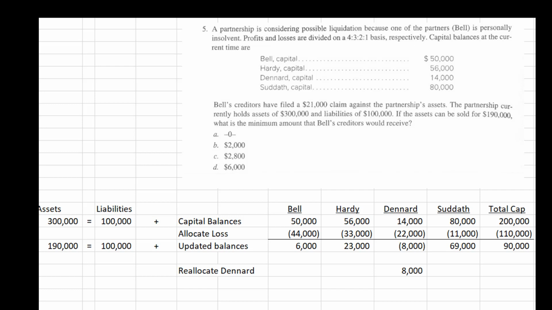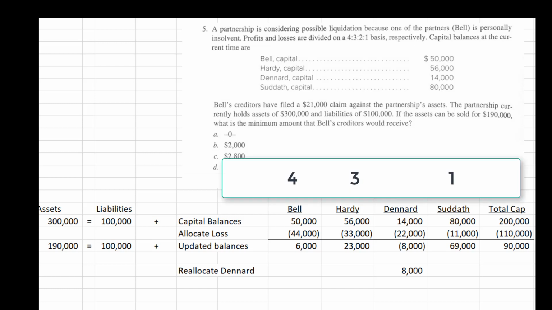You might initially say 40%, but that's not correct because 40% is including Denard. Denard can't pay his own debts. So now we're down to 3 partners, Bell, Hardy, Sudith. So you have to add up their numbers. Bell is 4, Hardy is 3, Sudith is 1. 4 and 3 and 1 is 8. So for this purpose, Bell is now a 4/8 partner. 4 over 8 is half.